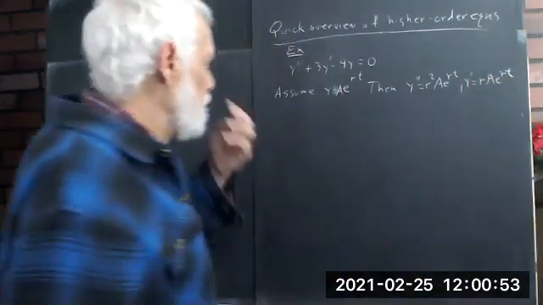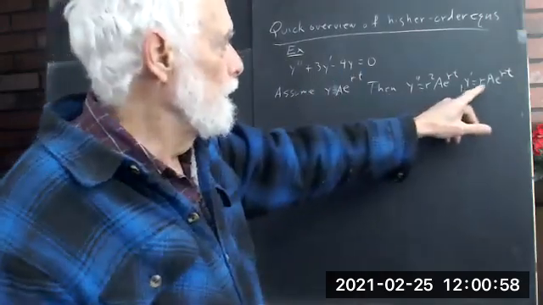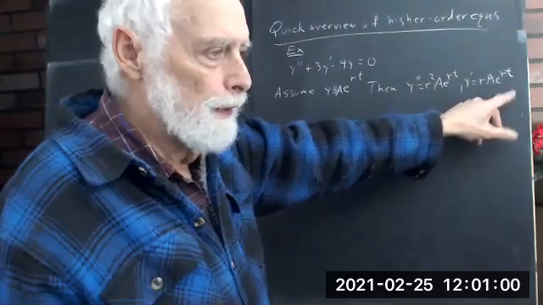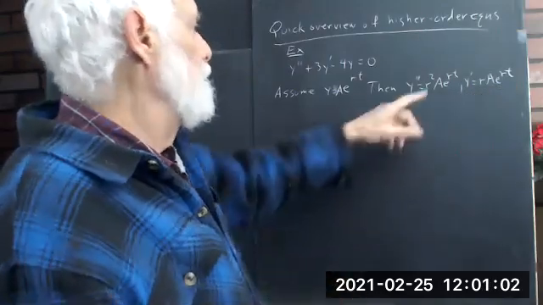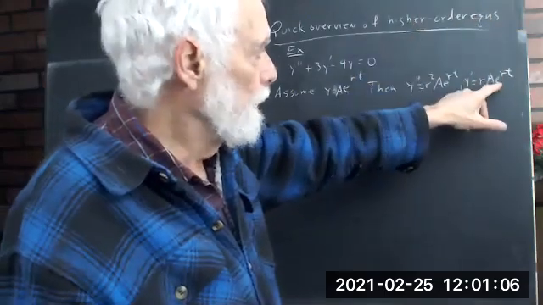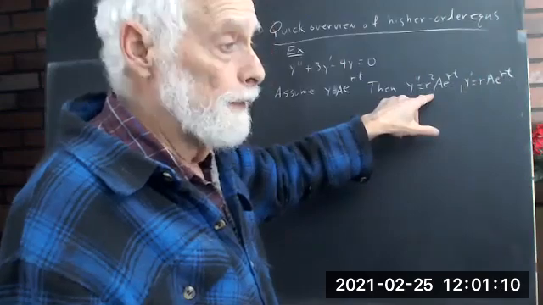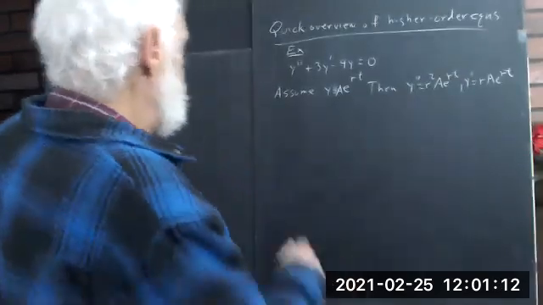And it's very quick. If you take a derivative of this, the chain rule gives you an r out in front. So y prime is r A e to the rt. And if you take a derivative of that, well, r and A are constants, so they don't do anything, but the chain rule gives us another factor of r, and you get r squared A e to the rt.